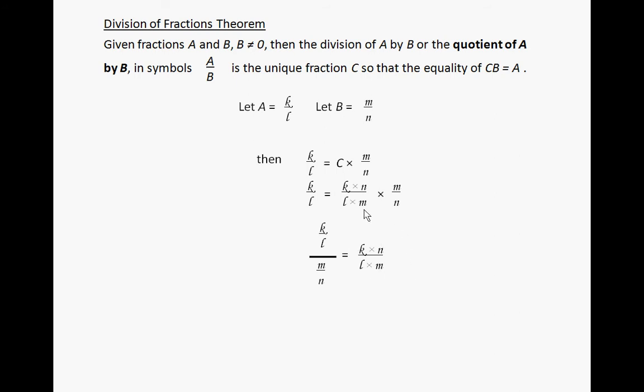The reason we need to do that, if you notice, n over m and m over n, if you look at the cancellation law, the n's cancel and the m's cancel, so what are you left with? K over l. So that's why k over l equals k over l, and that's what we're looking for. K over l divided by m over n is this number right here.